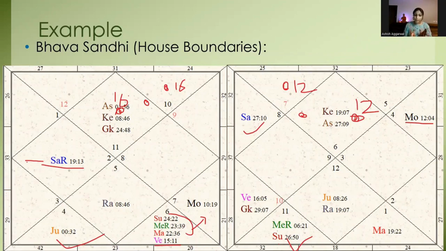You are capturing the degrees of the zodiac signs to understand the range of your house, and any planets that come within that range will define that house for us. For example, Ketu is at 8 degrees, and we said our first house goes up to 16 degrees, so Ketu is impacting the ascendant. Now, since our Bhava Sandhi degree is 16, any planet sitting around 16 will fall into a doubtful range.